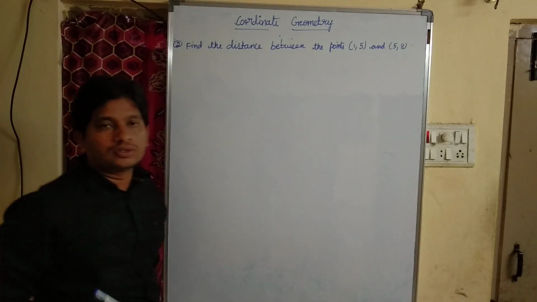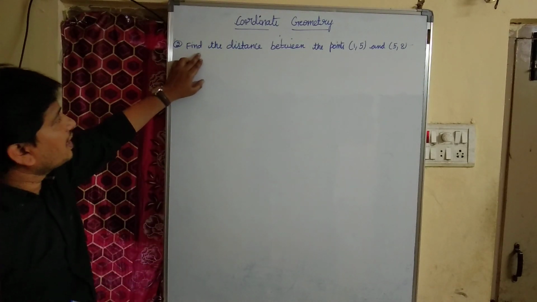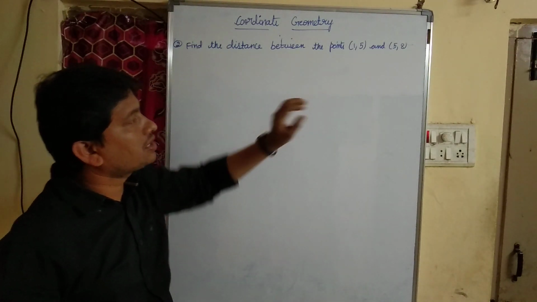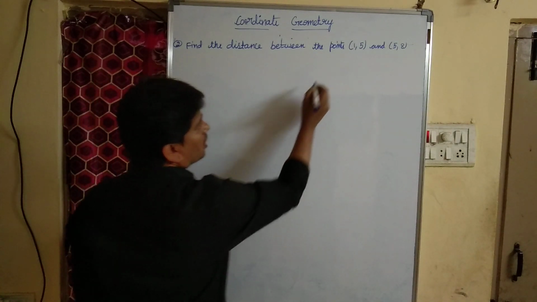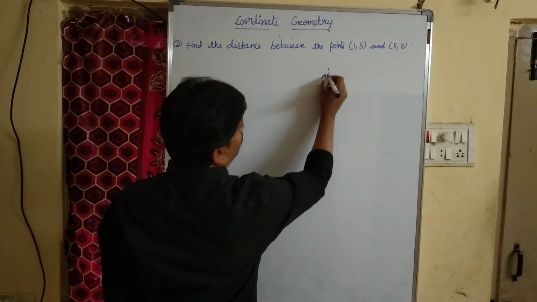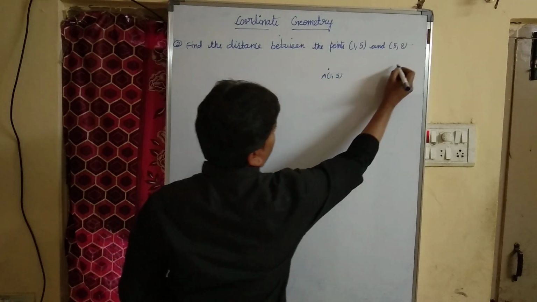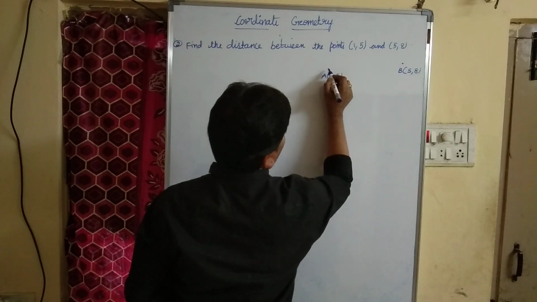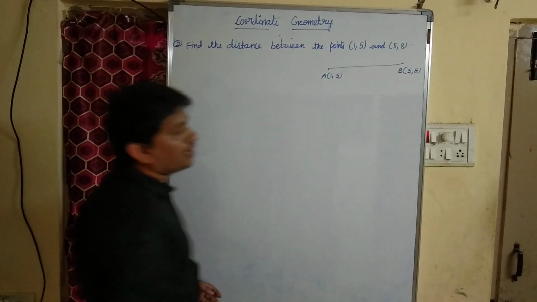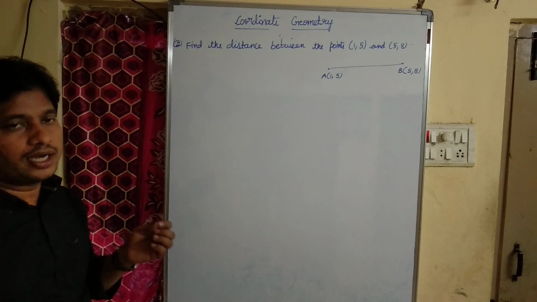What is the question? Find the distance between the points 1 comma 5 and 5 comma 8. Suppose you consider this is point A whose coordinates are 1 comma 5 and this is point B whose coordinates are 5 comma 8. We have to find the distance between A and B.